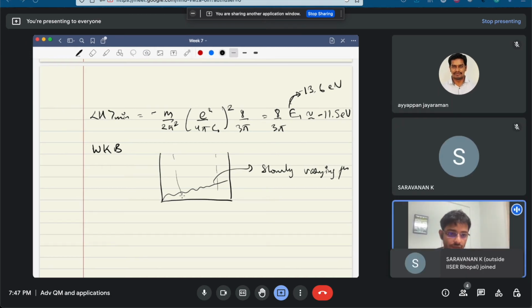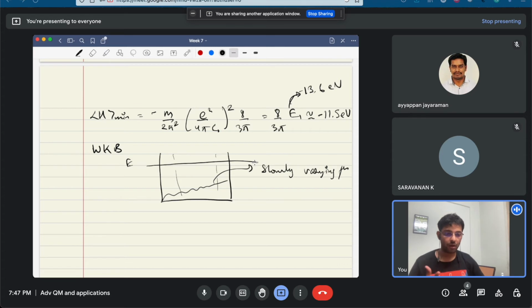So when you have, let's say, energy E, which is essentially somewhere here, this makes it classically impossible to go through the potential well, which you can do in quantum mechanics. You can tunnel through, but this is not possible classically, and we call these points turning points. Near these turning points the WKB approximation is not valid, but in the regions far away from the turning point, you can actually implement it.